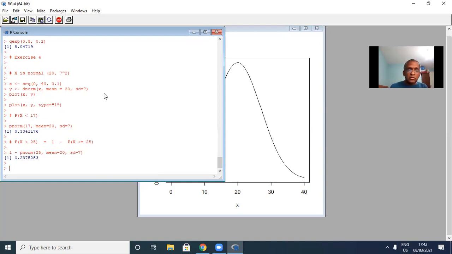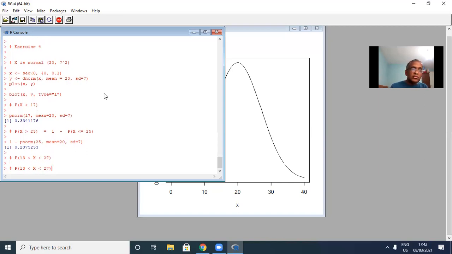All right, next you want to find the probability that x is between 13 and 27, right? And this you can write as the probability that x is less than 27 minus the probability that x is less than or equal to 13.